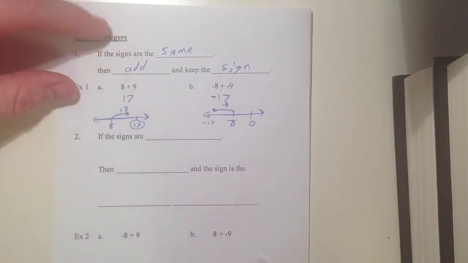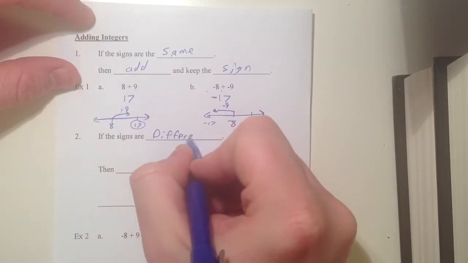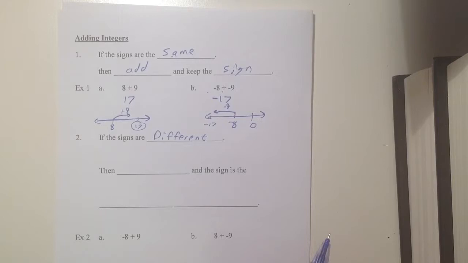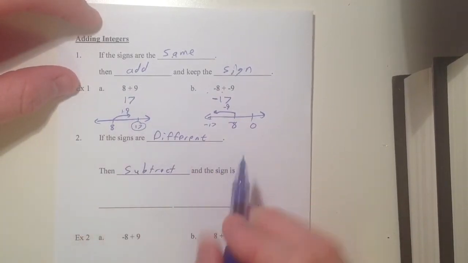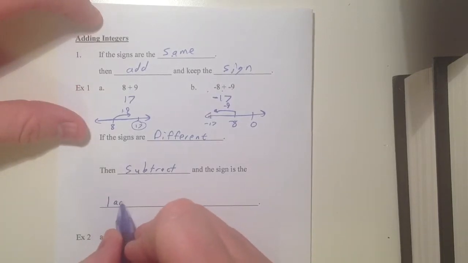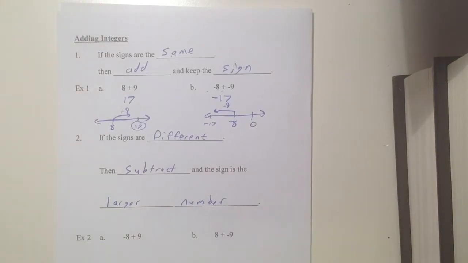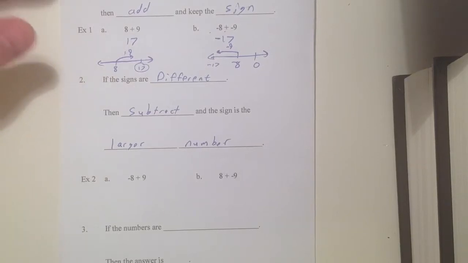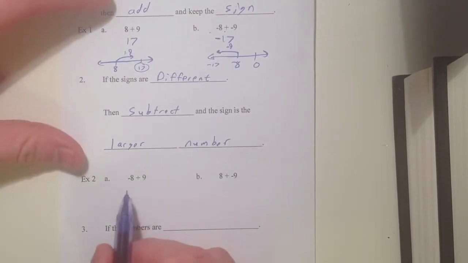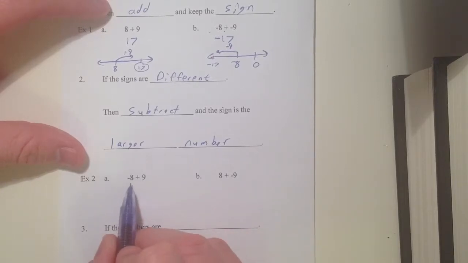Number 2: if the signs are different, then subtract, and the sign is the larger number's sign. So when we get down here, if I have -8 plus 9, I'm going to say, okay, the signs are different, so I'm going to subtract the numbers.